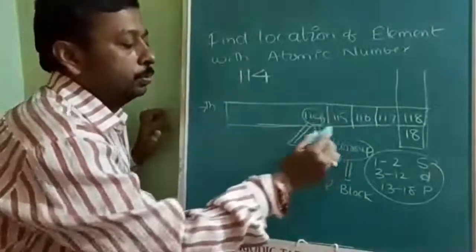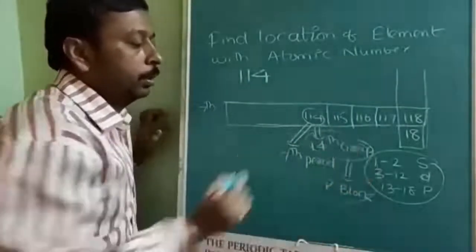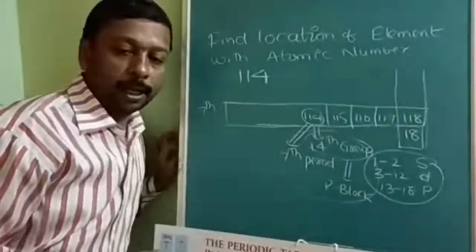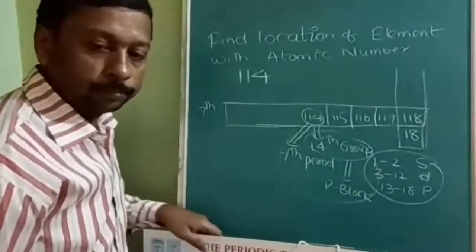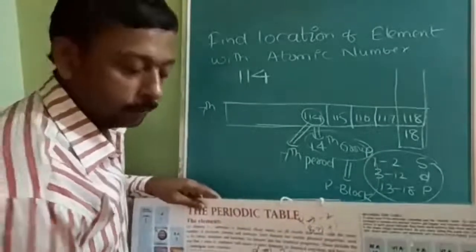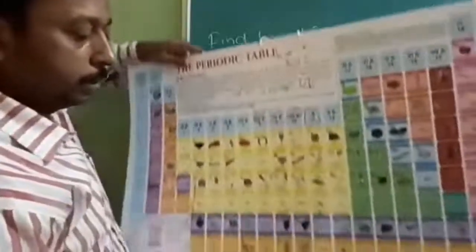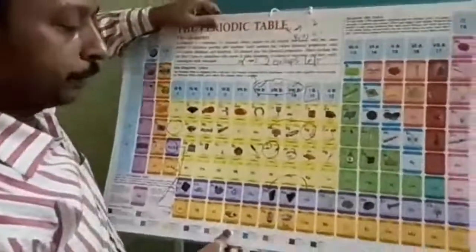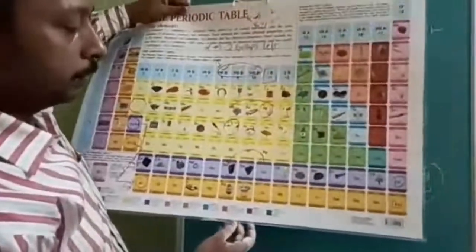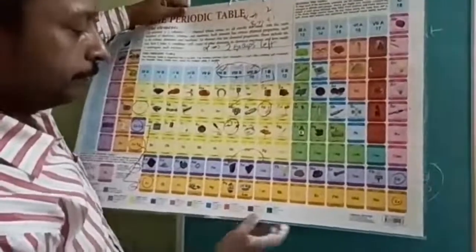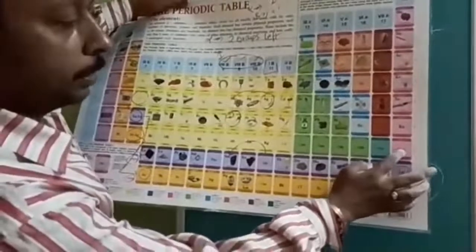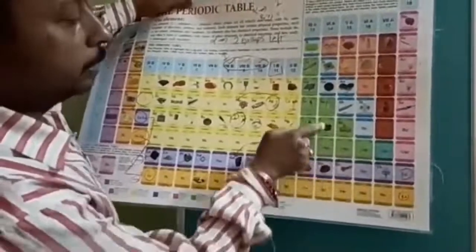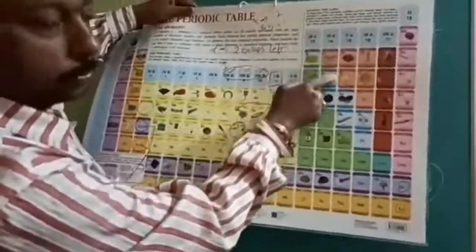So such a huge atomic number also can be done. If you practice, the time gap will be very, very less. Only for explaining to you, I have taken so much time. Otherwise, it will be easy. See here, this is the periodic table's last element. 114 is here.